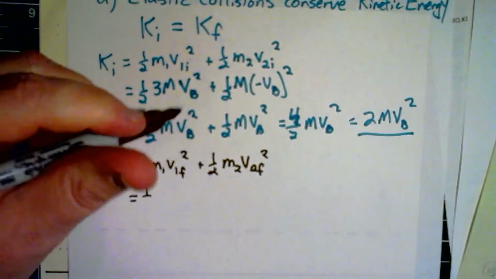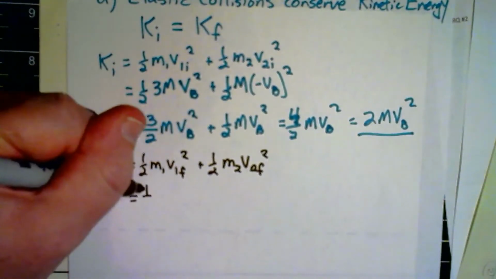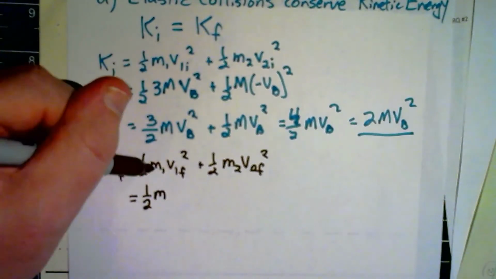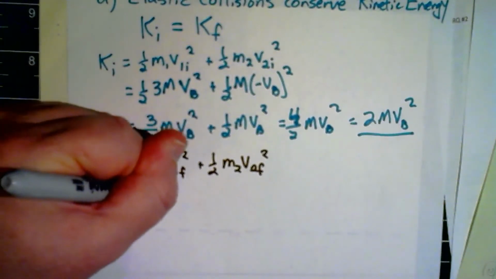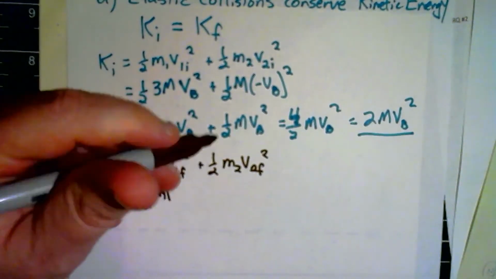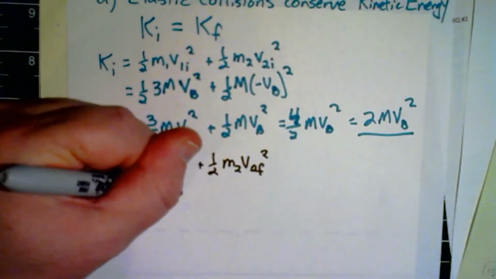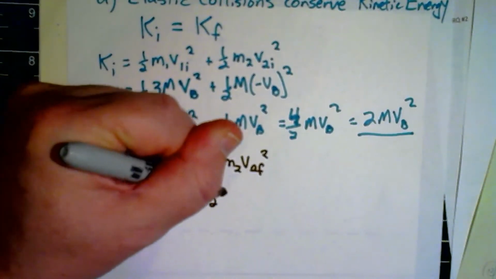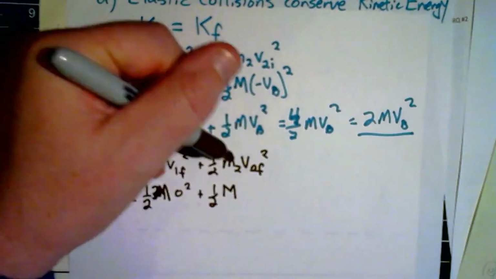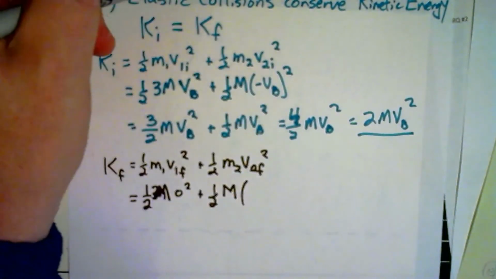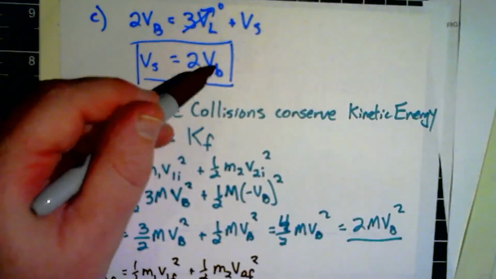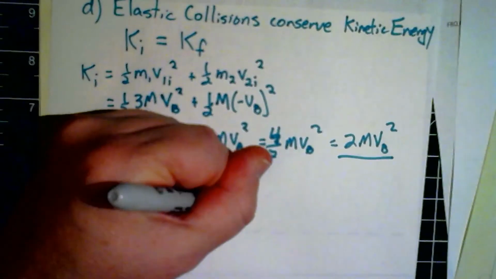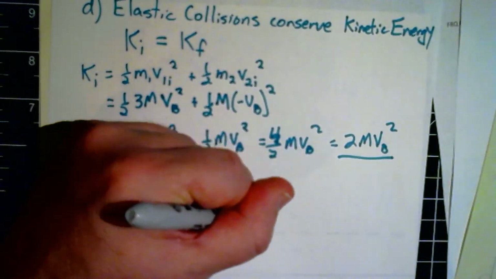From our previous information, part B, m1 will be 3m. v1 final was 0. That was told to us in the problem statement. m2 is just plain old m, and its velocity was the velocity of the sphere, which is 2 VB. So I've got 2 VB, and that quantity is squared.